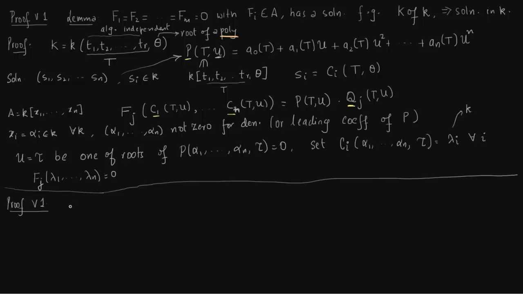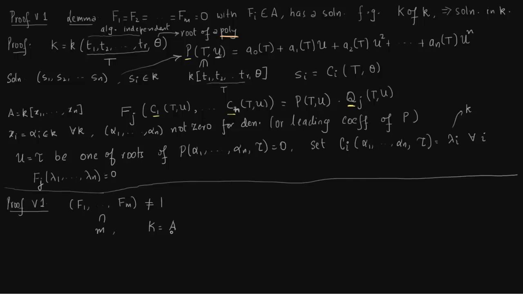If the ideal f1 to fm is not the entire ring, that is, this ideal does not generate 1, then it is contained in some maximal ideal. If it is contained in some maximal ideal, we will construct a field out of it.